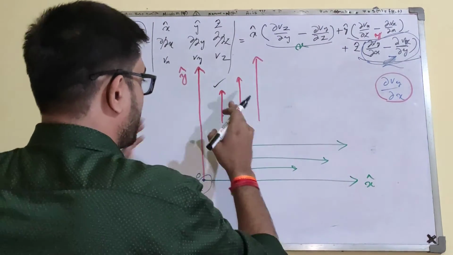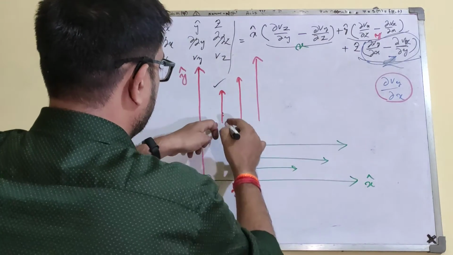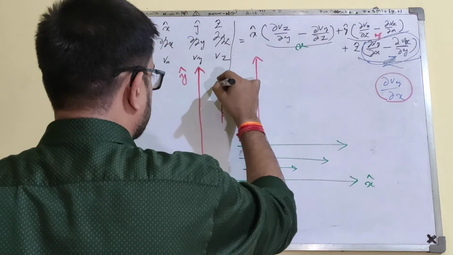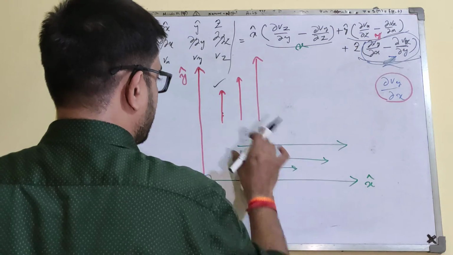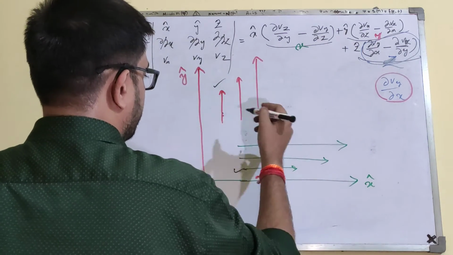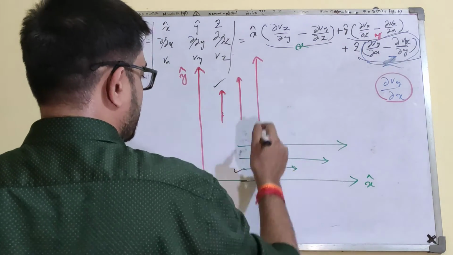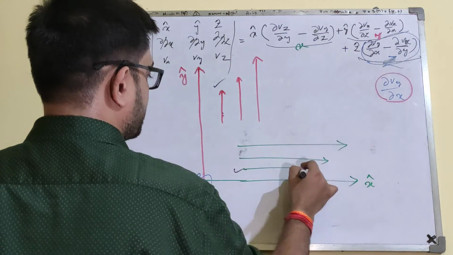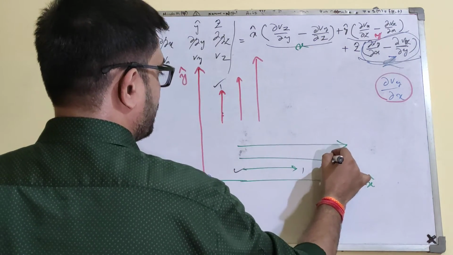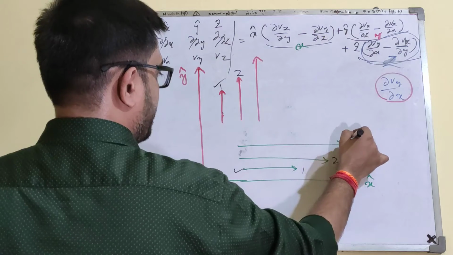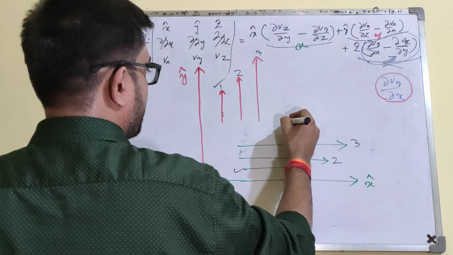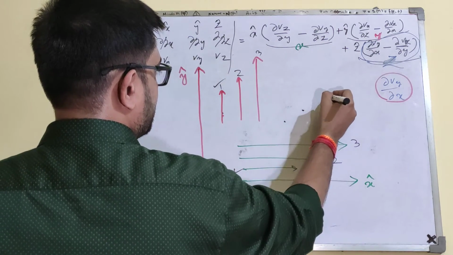First take this. I have drawn three corresponding ones. For a particular point here, this is Vx and this is Vy. This is for point 1, this is for point 2, and this is for point 3. So let's say there are 3 points like this.